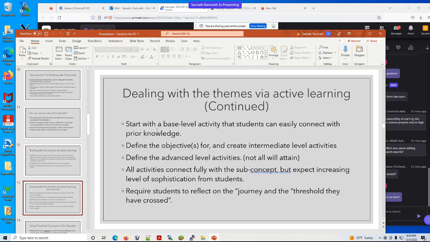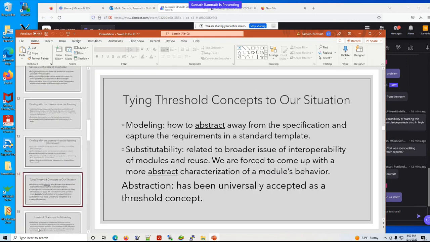So you start with a base level activity that it's very easy for the students to connect with, and then you define objectives and create intermediate level activities, and then define the advanced level activities which not all can attain. Okay, and then there is the notion of reflection on the journey and the threshold that they have crossed. Okay, so this covers the basic foundational aspects of what we are trying to do.